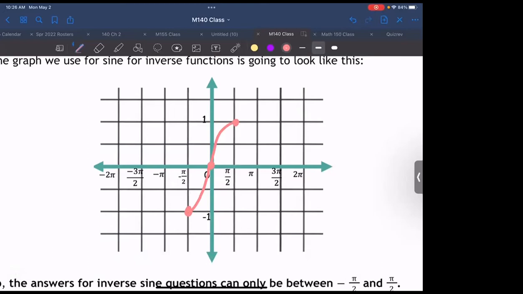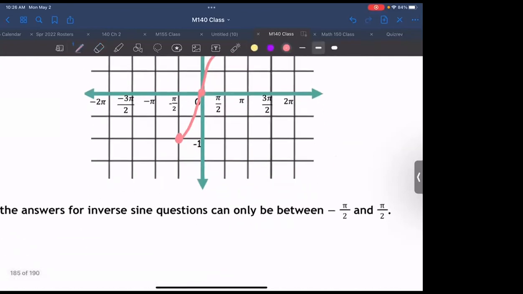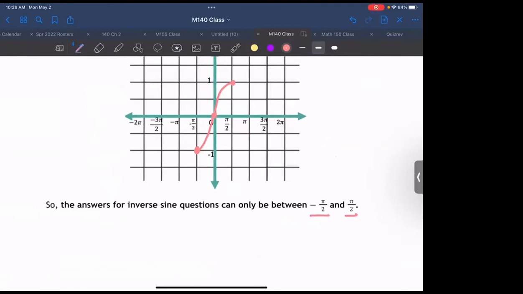It has an inverse, and we can do inverse sine for these values only. The only problem is it only involves x values between negative pi over 2 and pi over 2, okay? So therefore, the only answers that make sense for inverse sine are answers that are between negative pi over 2 and positive pi over 2, okay? Any other answer will not work.